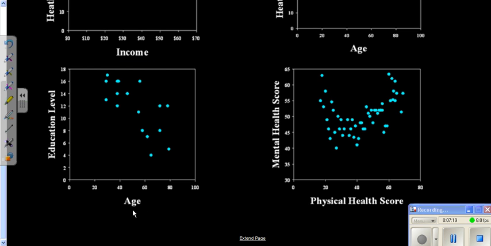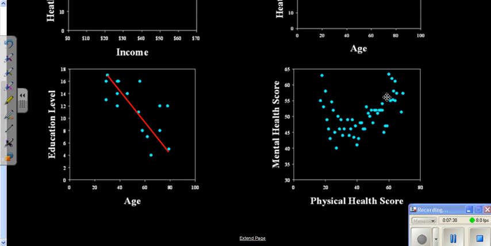Looking at these two here, we're looking at age and educational level. And you'll realize here that there appears to be kind of a negative association. And well, that's because a lot of the older people were not able to go to college or get as much education as some of the younger people nowadays.